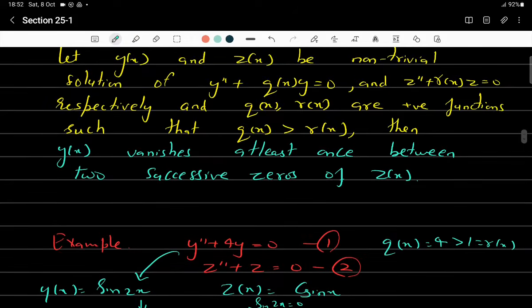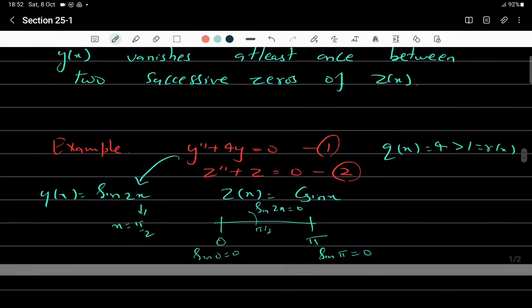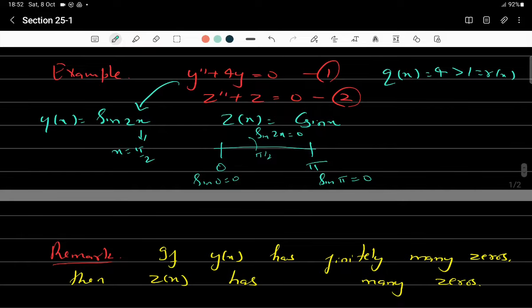From the Sturm comparison theorem, we can conclude the first point: if y(x) has finitely many zeros, then can you say something about the zeros of z(x)? y(x) vanishes at least once between successive zeros of z(x).